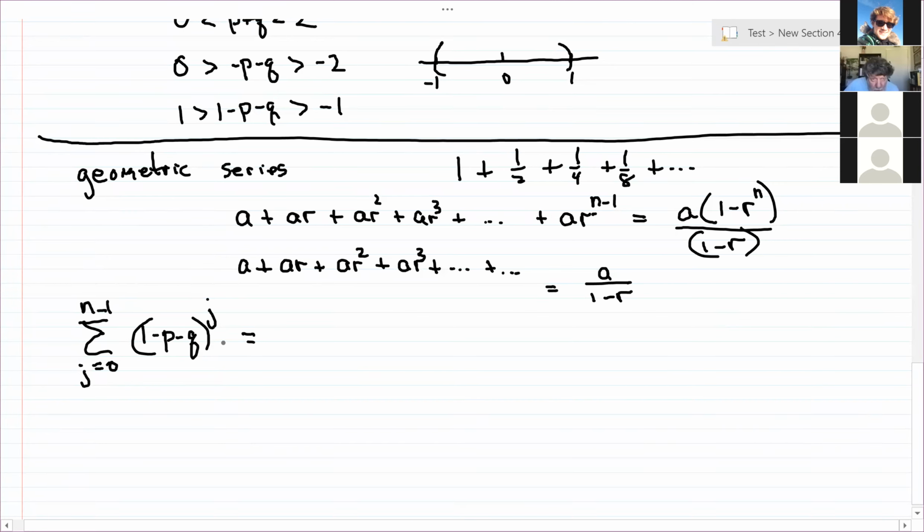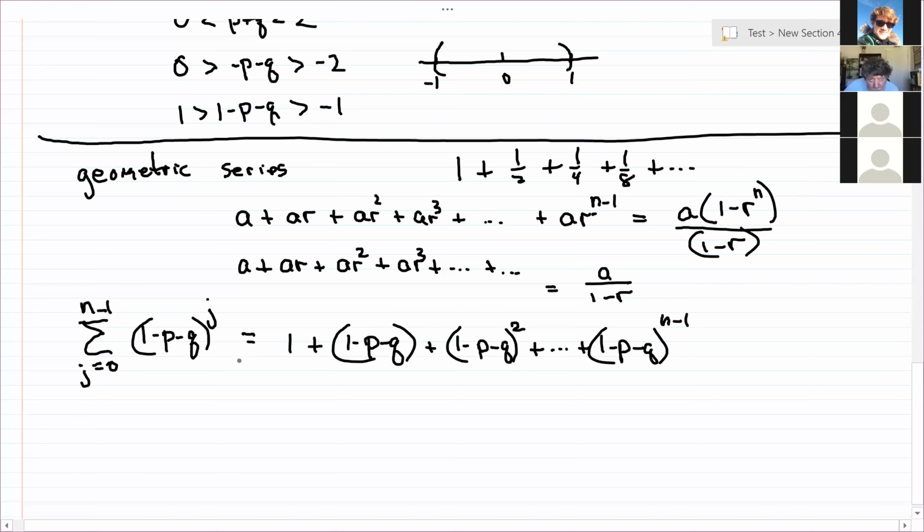So how would that look like? 1 minus p minus q to the 0th power is 1 plus 1 minus p minus q to the first power plus 1 minus p minus q to the second power, all the way up to 1 minus p minus q to the n minus first power. So we're just going up to n minus 1. That's what the thing looks like.